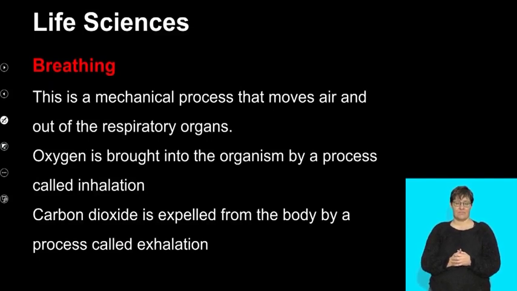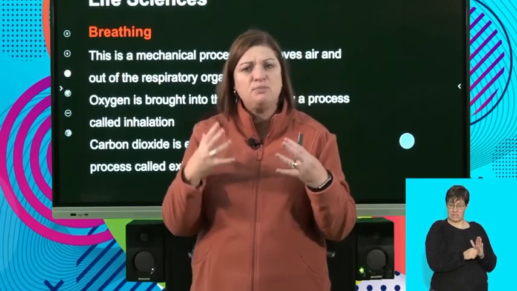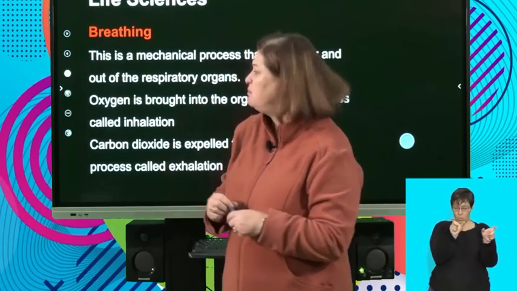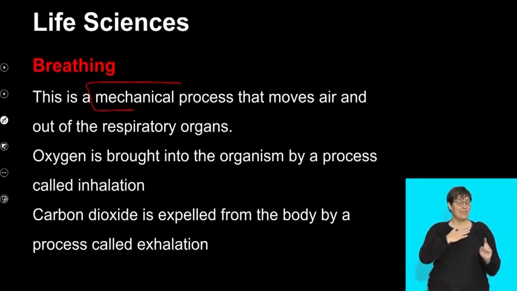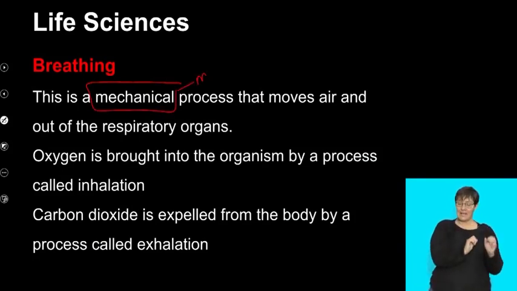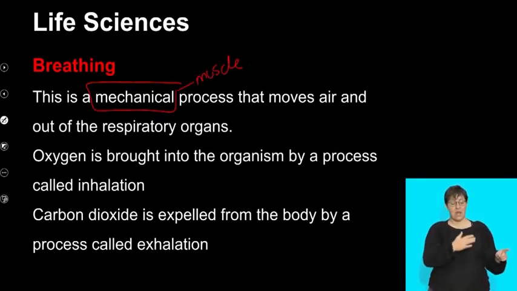All right, guys, when we looked at the first concept, we said how important it was to understand the differences in terminology. And now we're looking at the process of breathing. When we look at breathing, it's really important to say that this mechanical process relies on muscles. The lungs, the actual lungs, the alveoli, don't have any muscles.